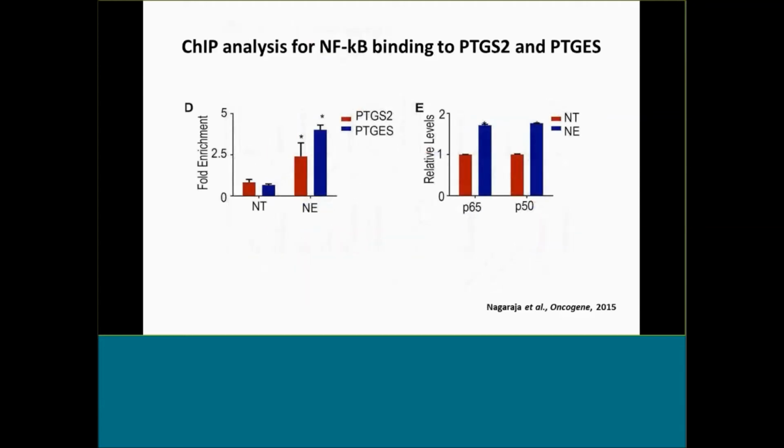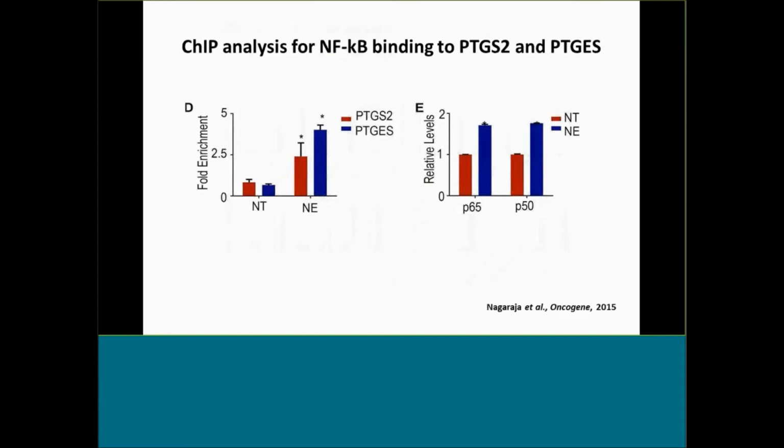Moreover, at a mechanistic level, we tried to search for what might be really mechanistically driving the changes in these inducible enzymes. So we did a promoter screen and found that NF-kappa B contains binding sites in both promoters for PTGS2 and PTGES.